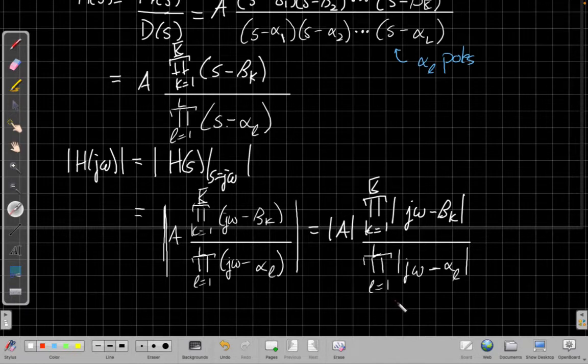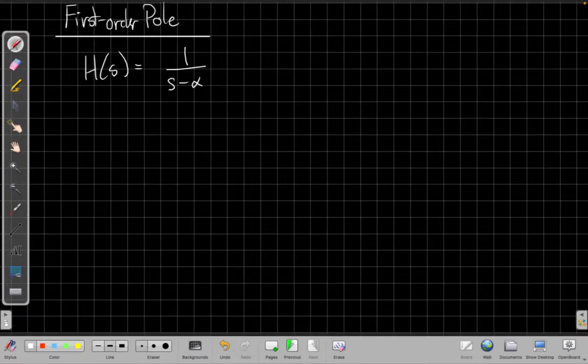We're going to start with the first order pole, because in continuous time they happen a little more naturally for first order systems. So let's get a clean page and start that. We're going to have H of s equals 1 over s minus alpha. And we're going to assume that for this case we have causal stable systems, because we're talking about frequency responses, so things need to be stable.